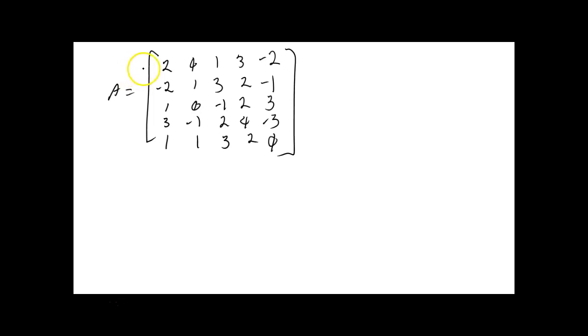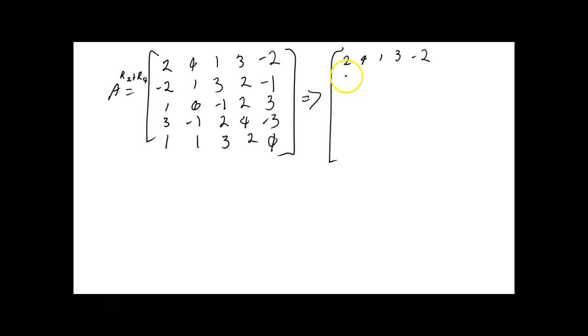So let's do row 2 plus row 4. Okay. And what will that give us? Going to leave row 1 alone, so that's 2, 0, 1, 3, minus 2. And what's our new row 2?